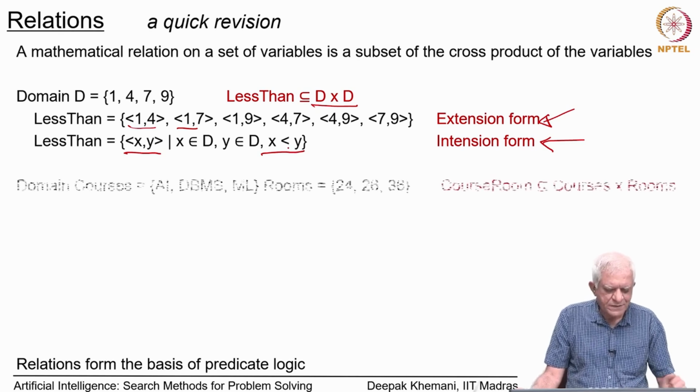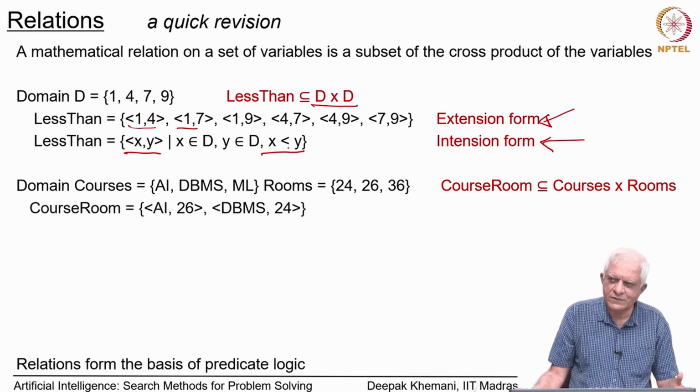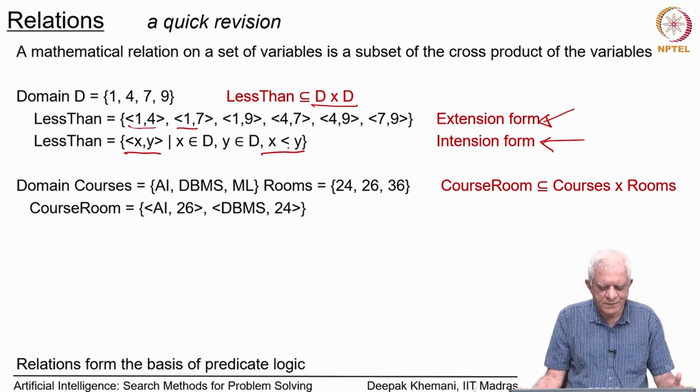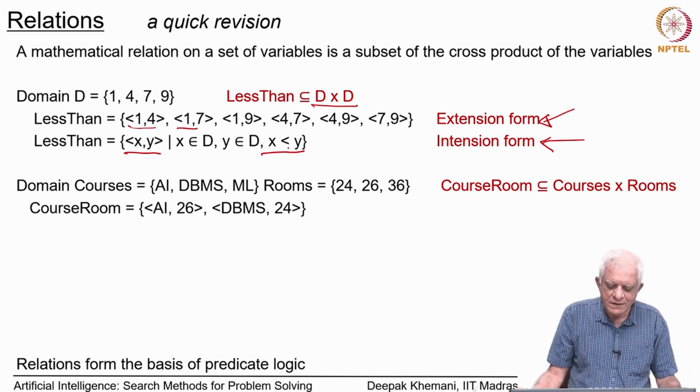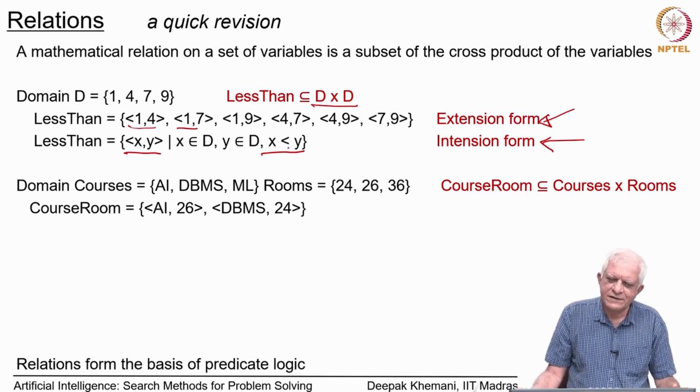So, this is a relation on a set of numbers, in particular 4 numbers, and the less than relation. Here is a relation between courses and rooms essentially. So, we have the domain of courses, in which we have listed 3 courses here, AI, DBMS and ML, and we have 3 rooms in this example. It does not have to be 3, as long as we are talking about a subset.